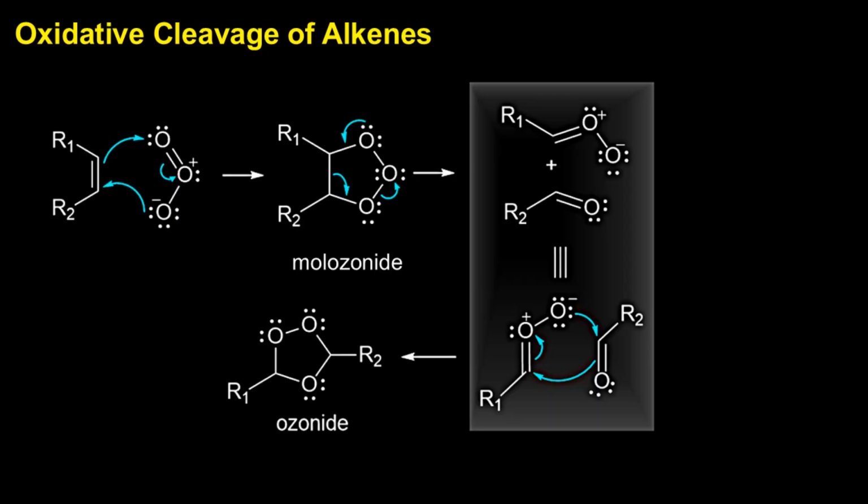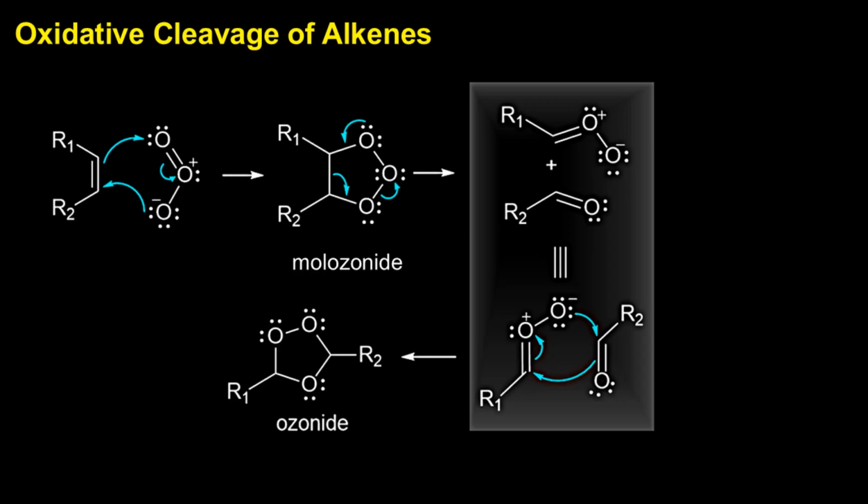Let's take a closer look at how the ozonide actually forms and what's going on with the electrons behind the scenes. When an alkene first reacts with ozone, the two come together to make a cyclic intermediate called a molozonide. You can think of it as the first link between the double bond and ozone. But this molozonide doesn't stick around for long. It's really unstable. It quickly falls apart into two fragments, and each one carries an oxygen.